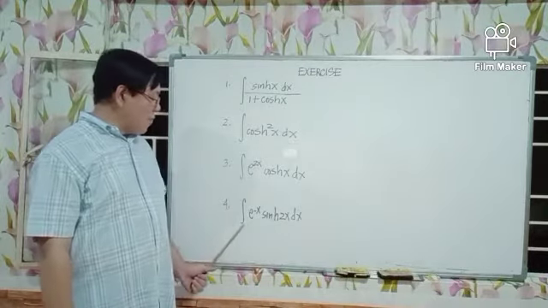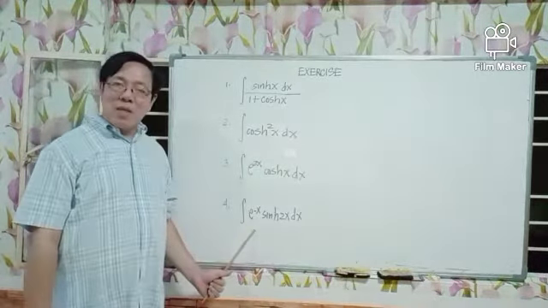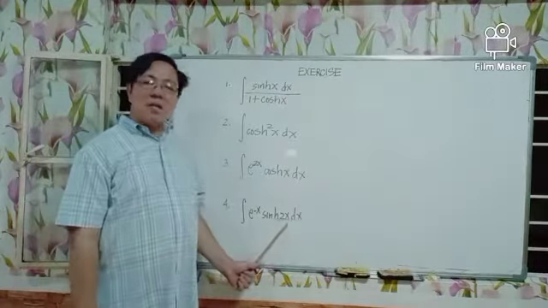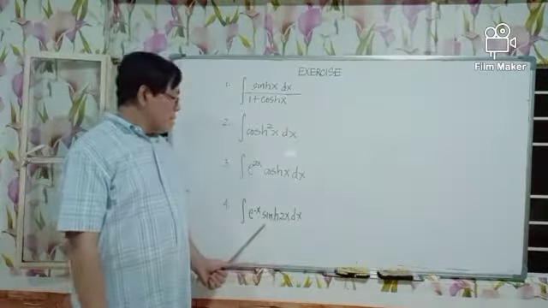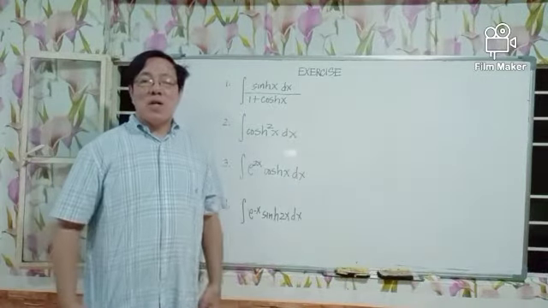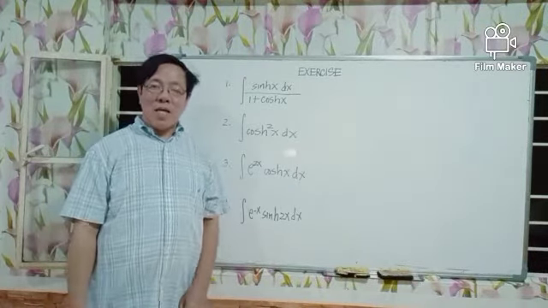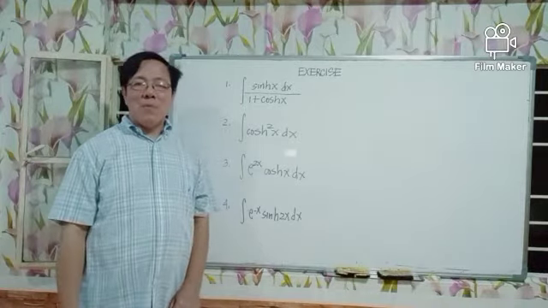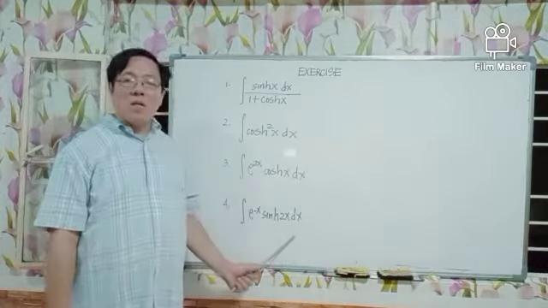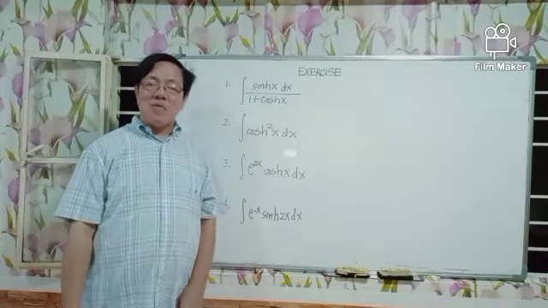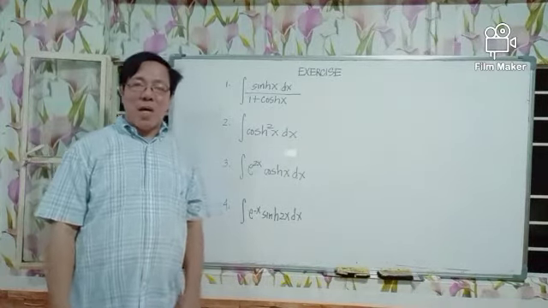And lastly, number 4, evaluate the integral of e to the minus x multiplied by hyperbolic sine of 2x. In the definition of hyperbolic sine of x, we only have x, but here we have hyperbolic sine of 2x, which you can readily obtain from the hyperbolic sine of x.